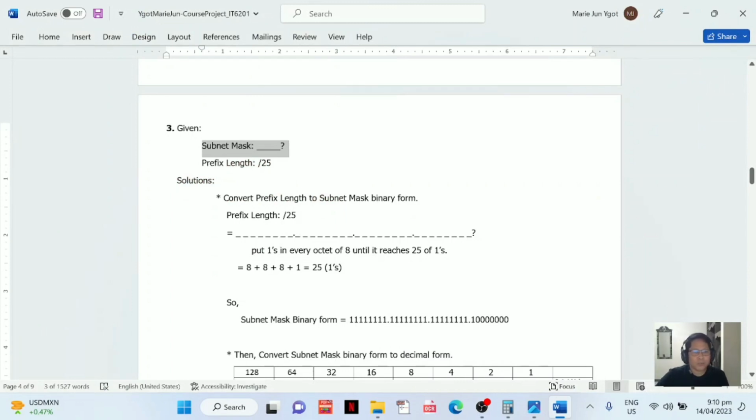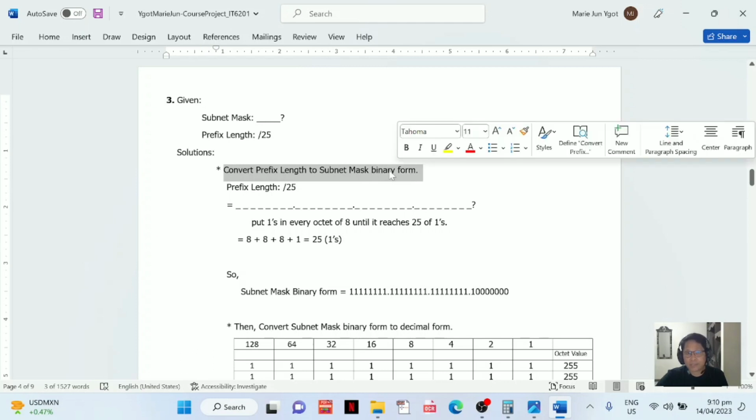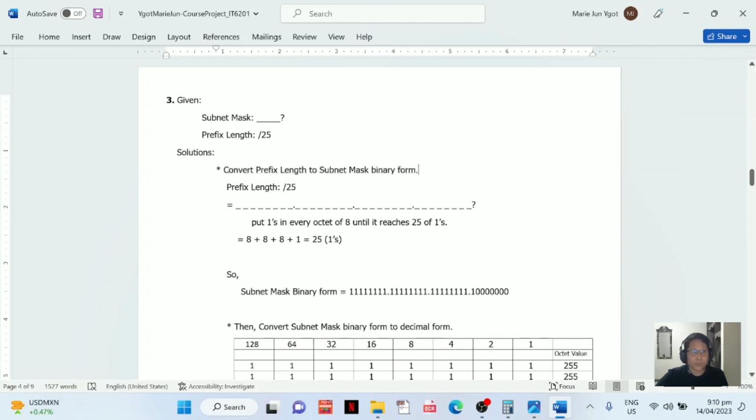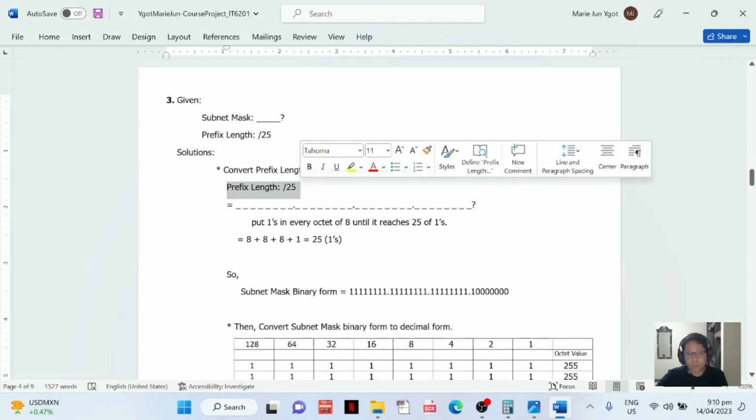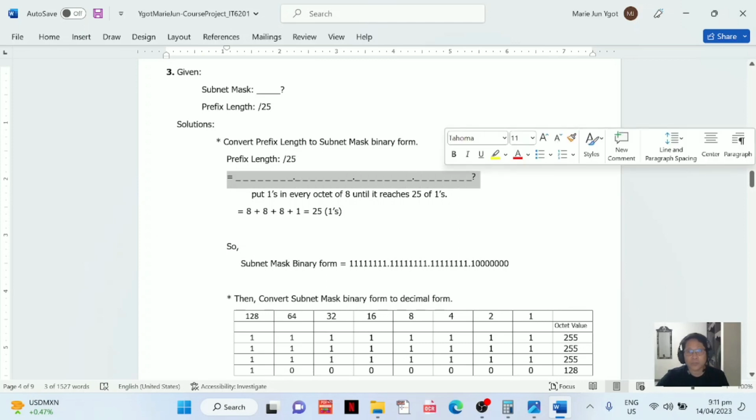Okay, so our solution for this is, first we have to convert the prefix length to the subnet mask binary form. Our prefix length again is 25. So first we're going to visualize our binary form.